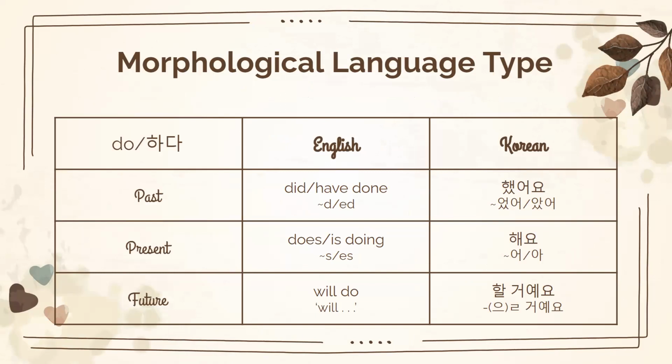Korean has these suffixes like 았어, 었어, 을 거예요, but English uses more auxiliary words like does, did, will, could. Even though theoretically there are suffixes like -d, -ed, -s to convey things like tense, in analytical languages, these distinct units or auxiliary words are going to be used instead of suffixes.